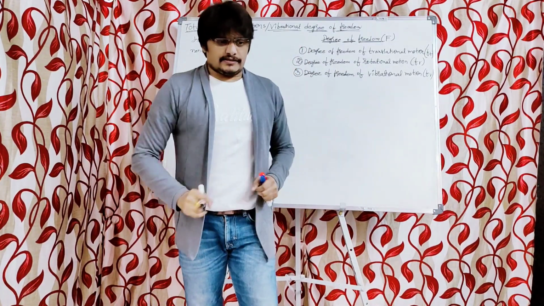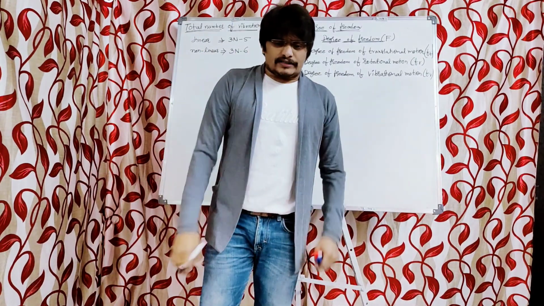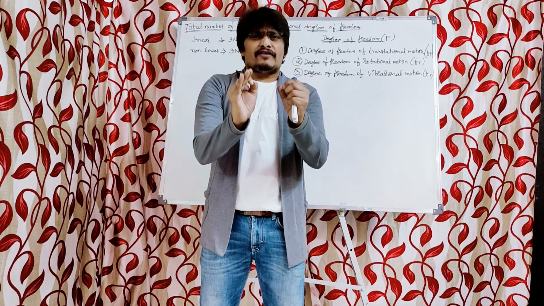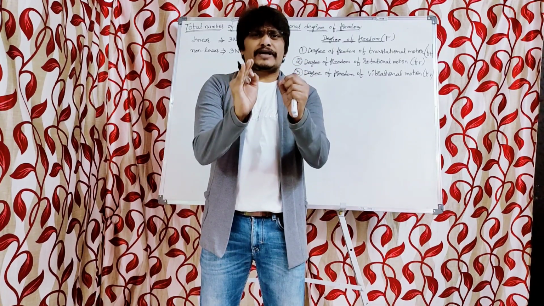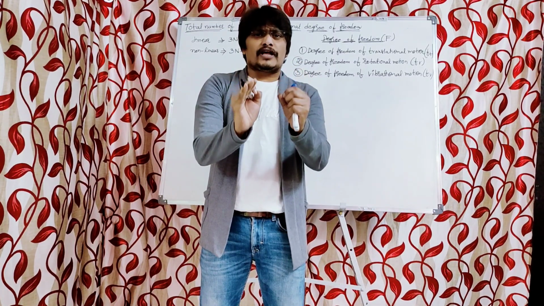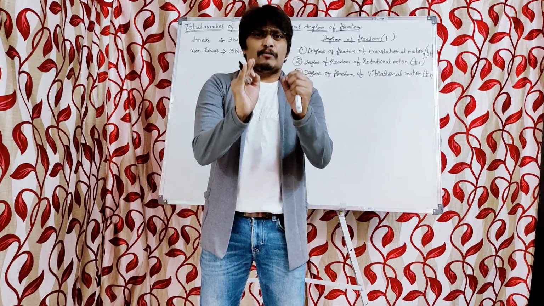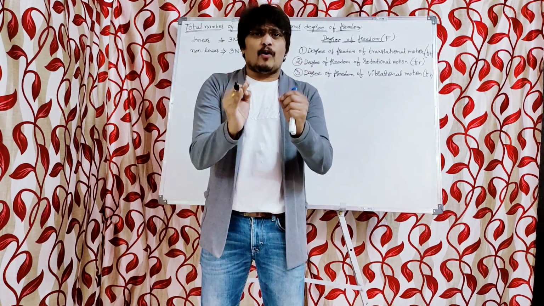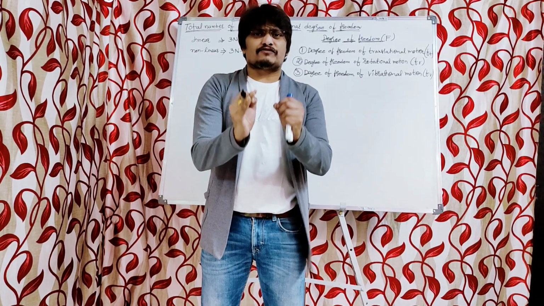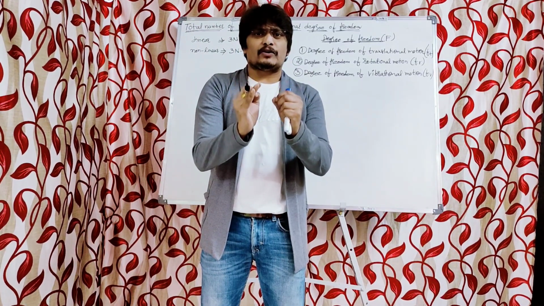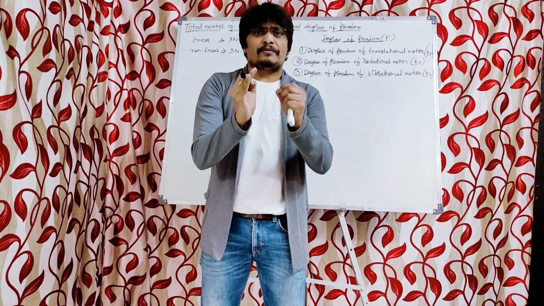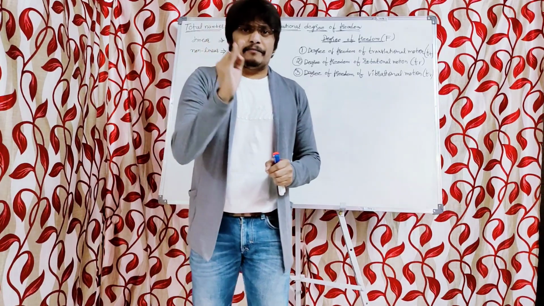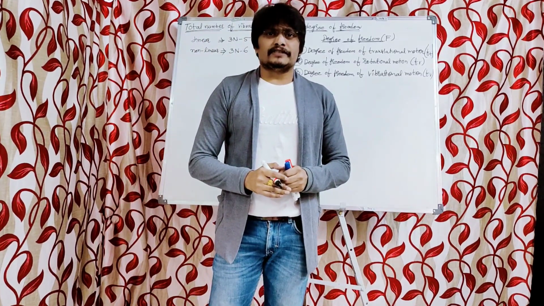But students, have you ever thought why only the 3n minus 5 formula should be used to calculate the total number of vibrations in linear molecules, and why only the 3n minus 6 formula should be used for non-linear molecules? Is it a myth? It is a fact.